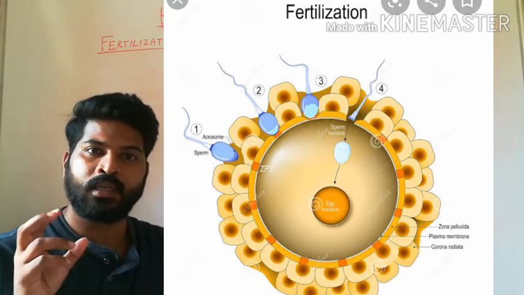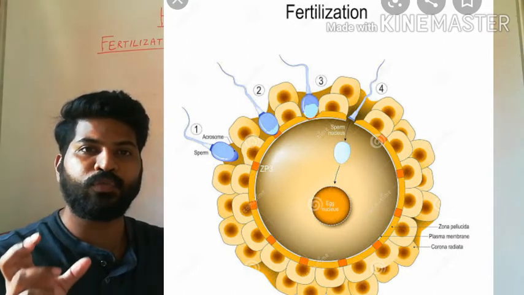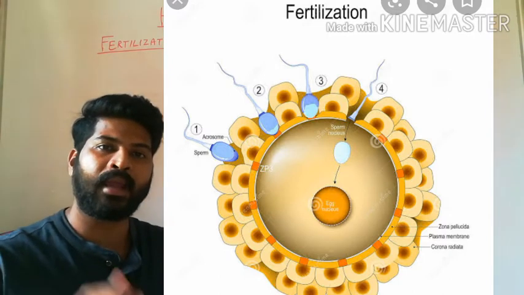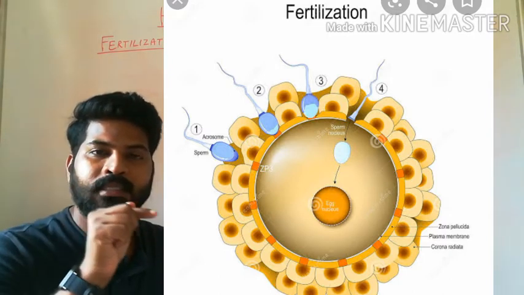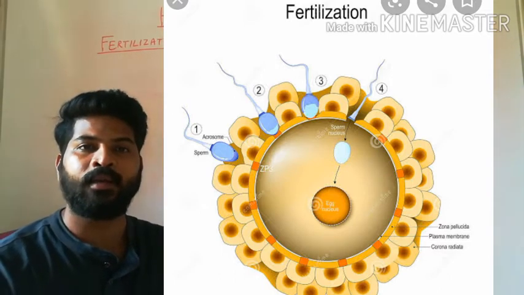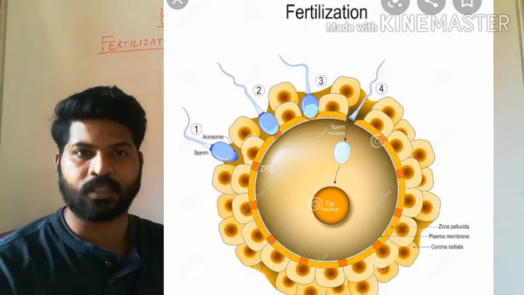Therefore, if the sperm needs to fuse with the nucleus of the ovum, it has to penetrate these three membranes, which is facilitated by the acrosome.